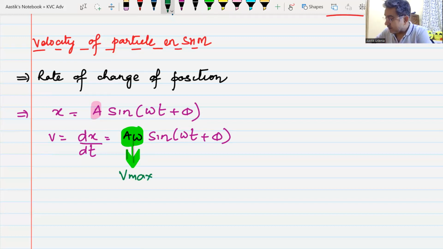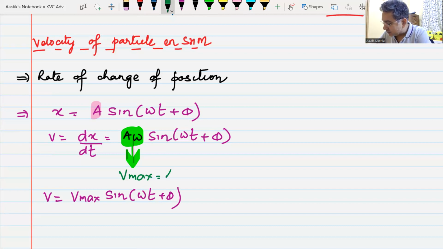So I can write this v as v max, maximum velocity, cos of omega t plus phi, where v max is nothing but the maximum velocity of the particle. And where does the particle have maximum velocity? At the mean position. You put the value of t as 0 and you will get this maximum velocity. So it comes at the mean position.